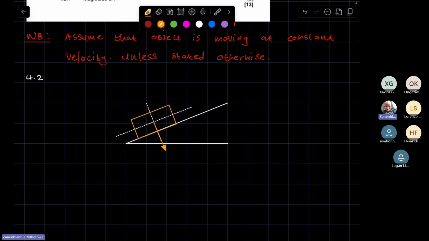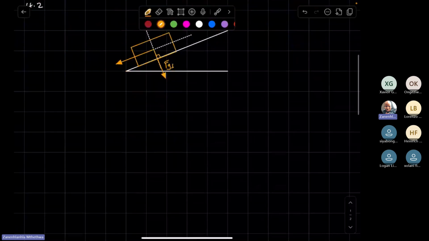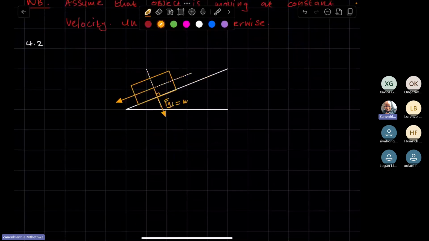the components of the weight, one that is perpendicular to the plane, and one that is parallel with the plane. So here we have FG perpendicular. This one is perpendicular to the plane. That one is mg cos theta. The theta is that angle.